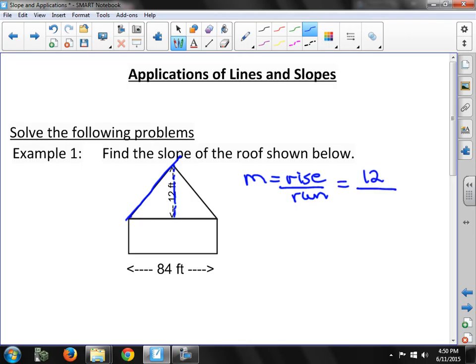And this line only runs from there to there. So it's half of the base of the house, which would be 42. Now if I simplify to reduce 12 over 42, I get 2 over 7. So the slope of this roof is 2/7.